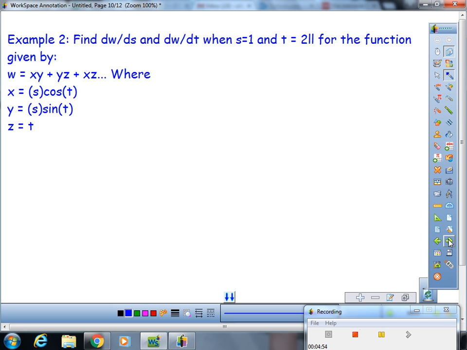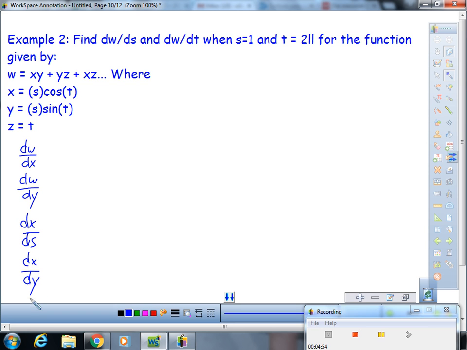We got to find dw ds and dw dt. So here, what we're going to do is find dw dx, dw dy, dx ds, dx dy. Oh my gosh, we have z's too.